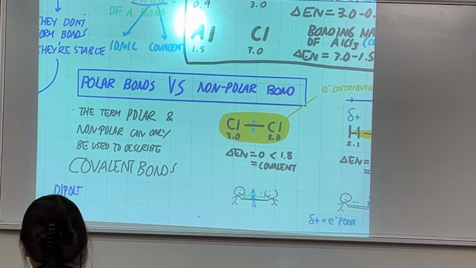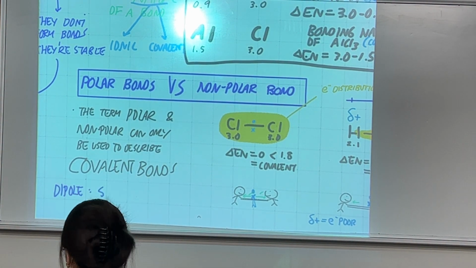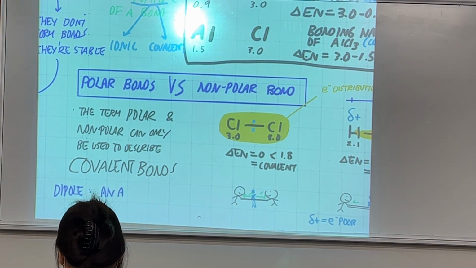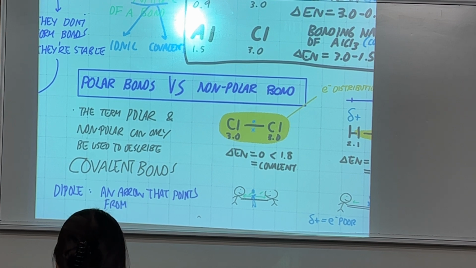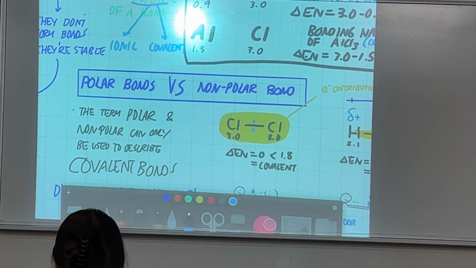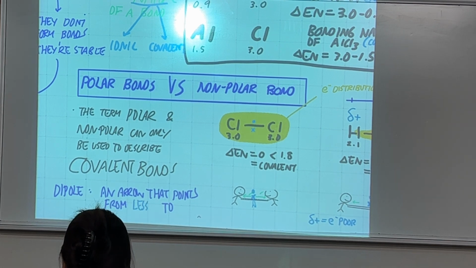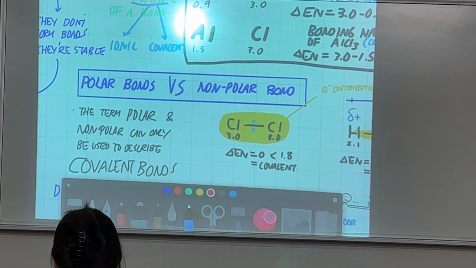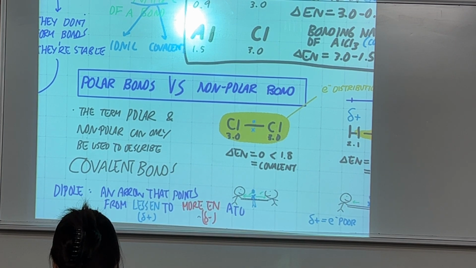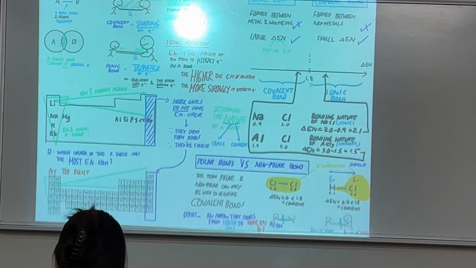A dipole always points, so it is an arrow, from the less electronegative to the more electronegative atom. Less electronegative to the more electronegative atom.